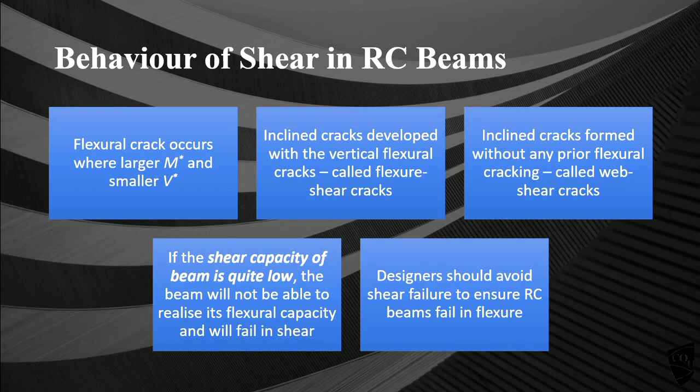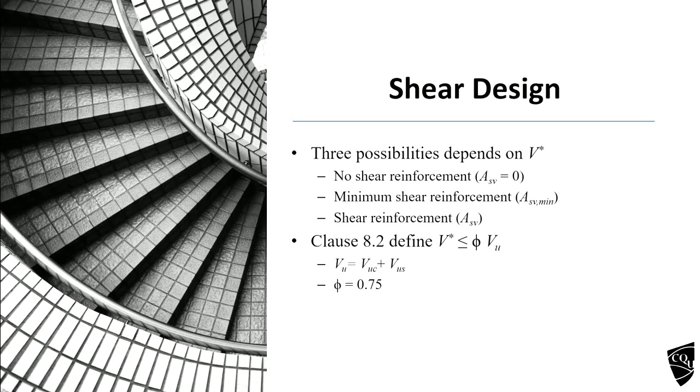So that means for the shear capacity, we have two things. The shear capacity of the beam comes from two components. The concrete itself can carry some shear force or shear stress. So the shear capacity of the beam is given by the clause 8.2 equation.